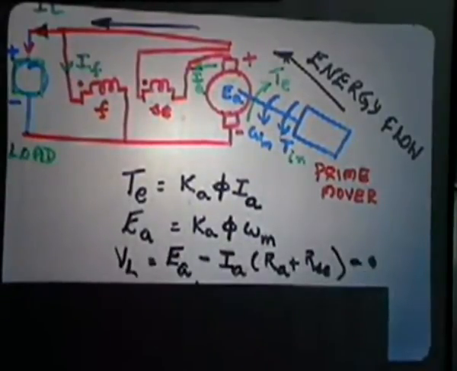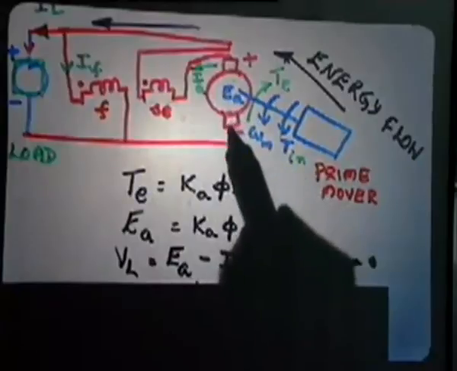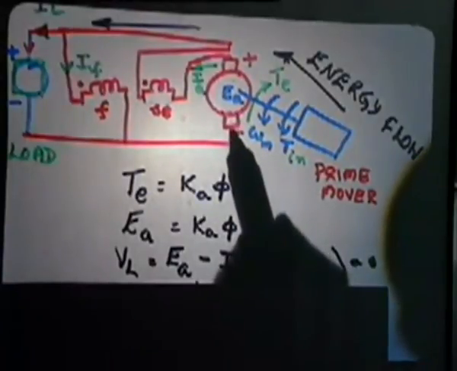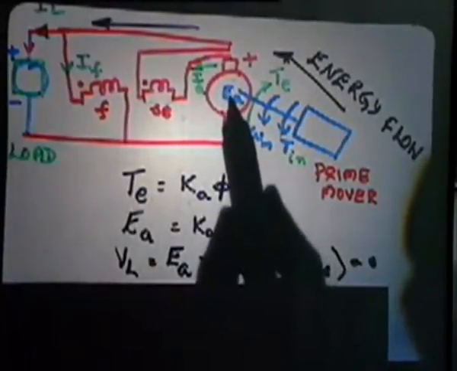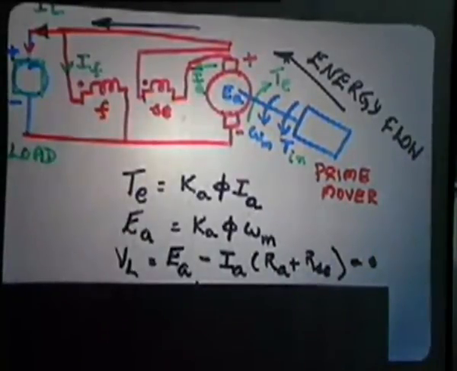Then the voltage at the load will be the induced voltage Ea minus the drop along the line.